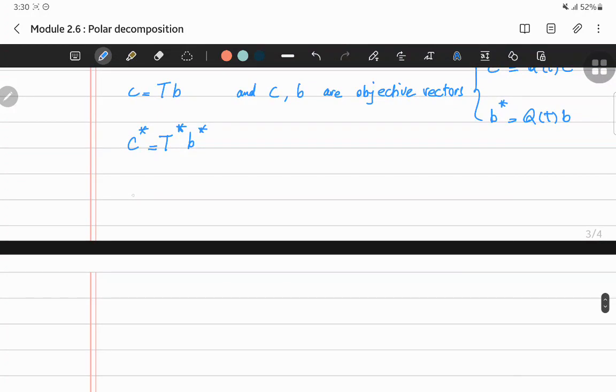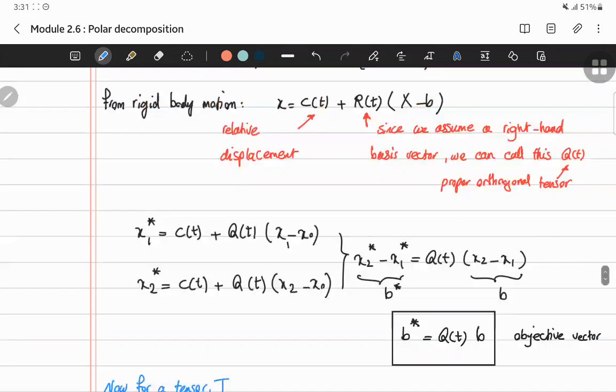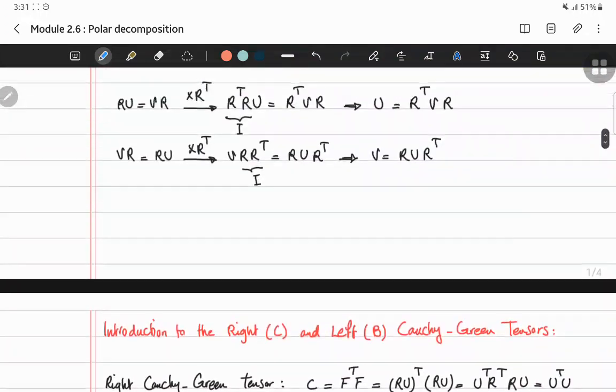So now if I start from here, c star is equal to T star b star. So if I start from here, Q(t) c. So I have Q(t), and then I have T b, c is this. So maybe if I call this one 1, this is 2. I don't know if I had 1 or 2 here.